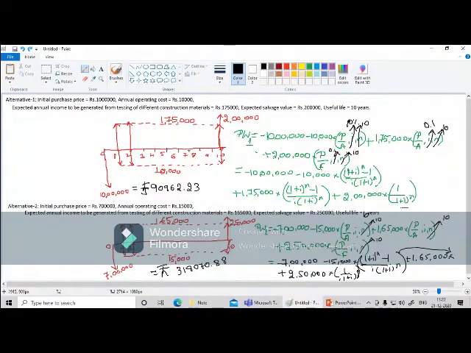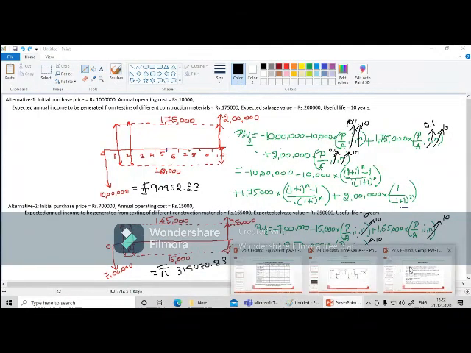For that type of problem, what are we supposed to do? Okay, so now I'll explain that kind of problem. We had understood type 1, without gradient with same useful life. Now I'll just brief it out.